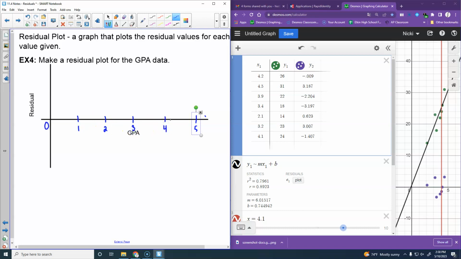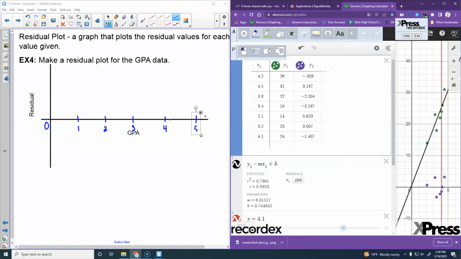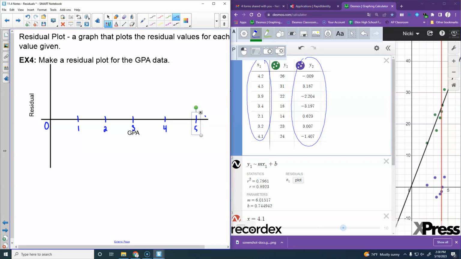So what we're going to do for this is graph our x-coordinate along with our residual. We're not graphing the y-coordinate, we're graphing the x-coordinate and the residual. What is our highest residual?